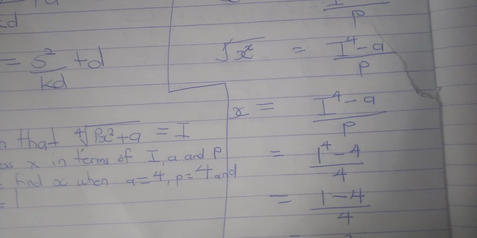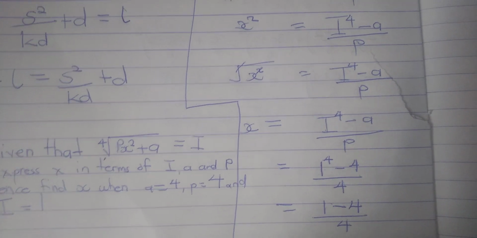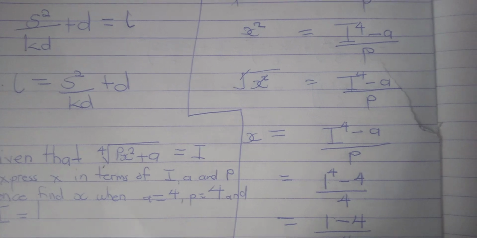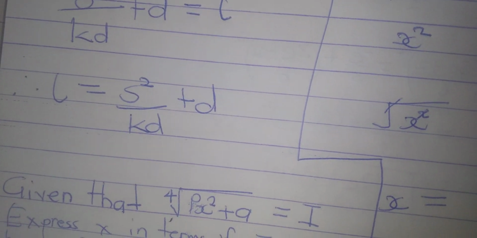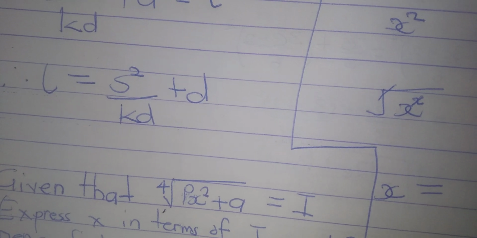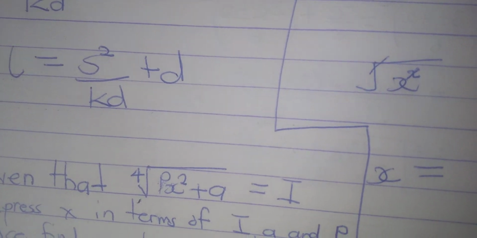So that is done with that. No further revision. So we can have simply another example concerning making the subject of the formula. I want you in this expression to make y the subject of the formula.